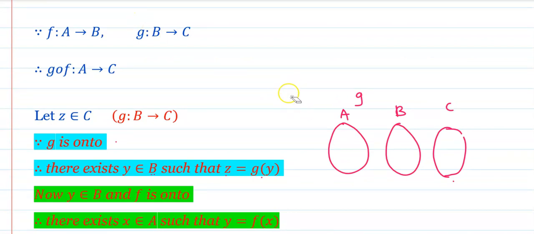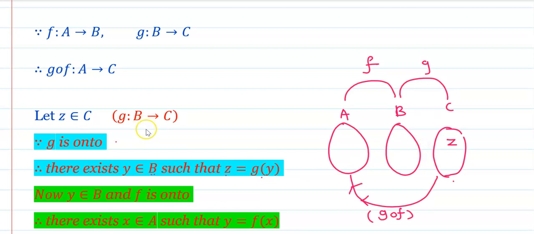Again I will explain in this manner. See this here. z belongs to C. As g is onto, z has a pre-image: there exists y in B such that z is the image of y, because g is onto. Again f is onto, so y has a pre-image in A, which is x.